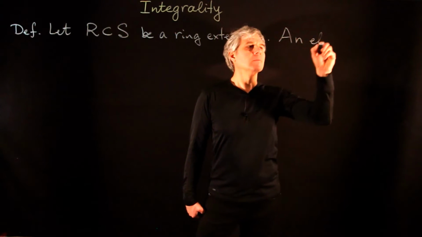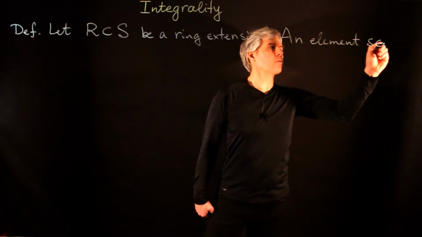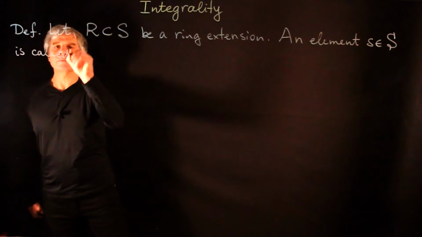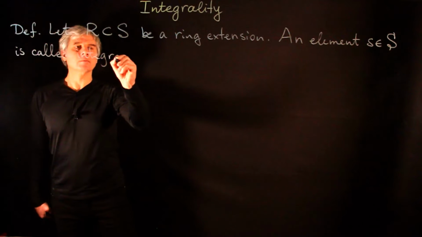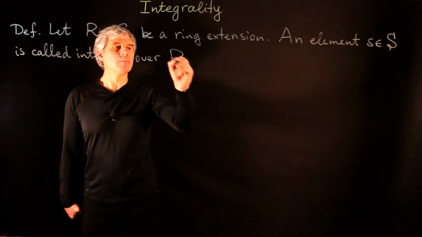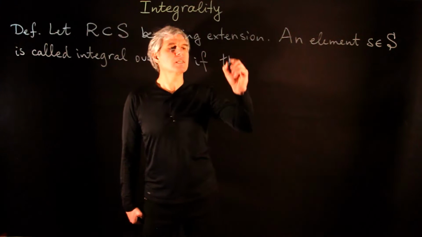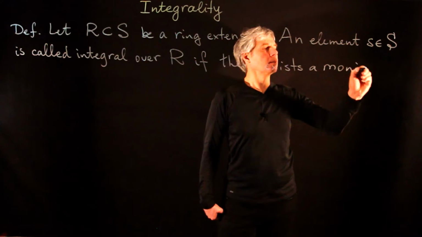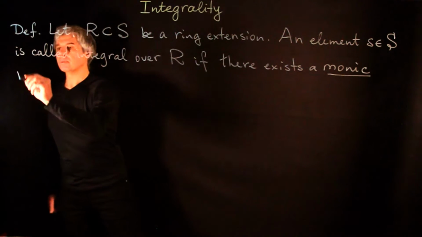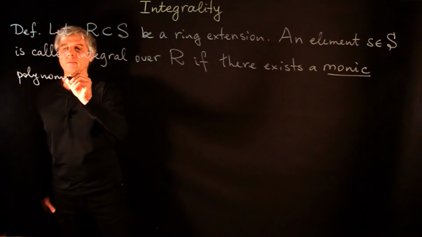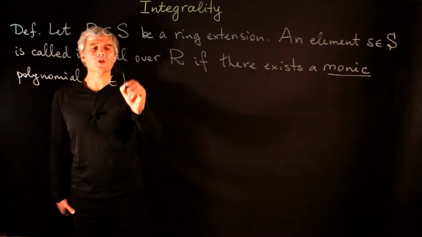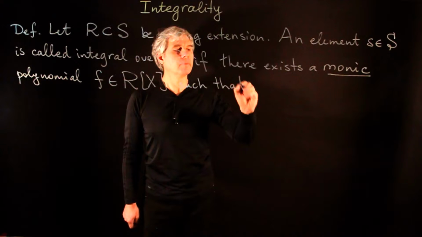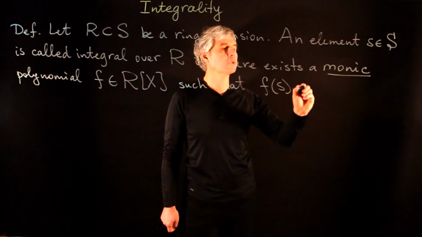An element s in the ring S is called integral over R if there exists a monic polynomial f with coefficients in R such that f evaluated at s is equal to 0.